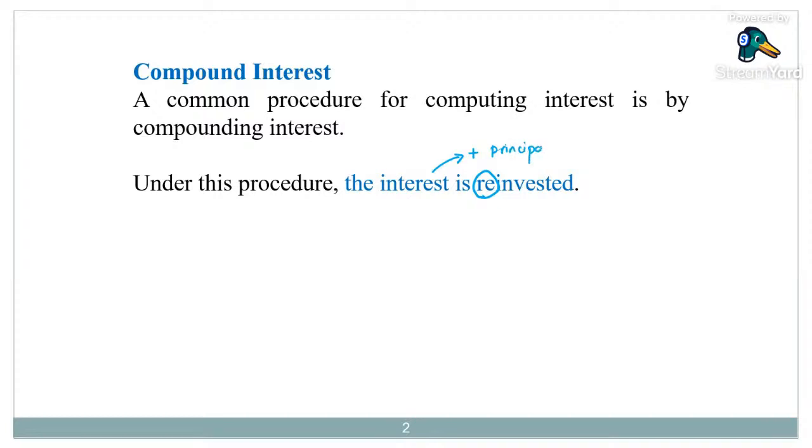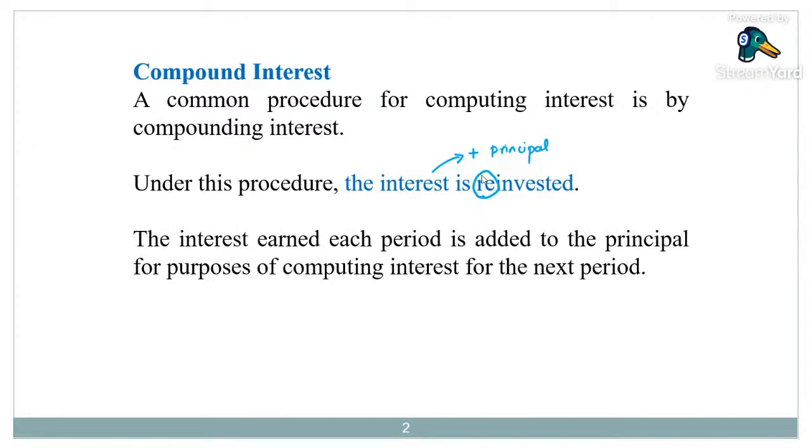Dia akan jadi principal juga untuk next period. Macam tu. So the interest earned each period is added to the principal for purposes of computing interest for the next period. Okay, interest yang kita terima setiap masa tu akan ditambah pada principal. Sebab apa? Kita nak guna nilai yang baru tu jadi principal untuk next period lah.